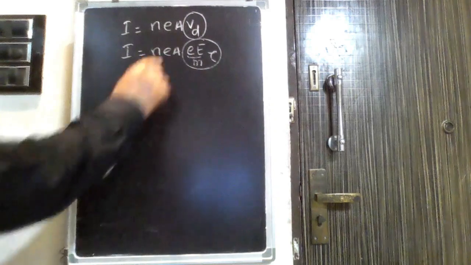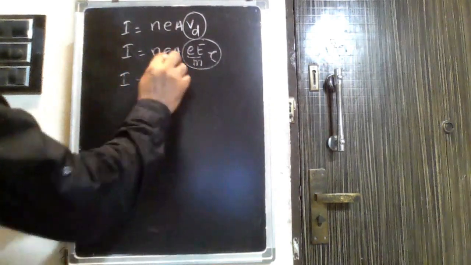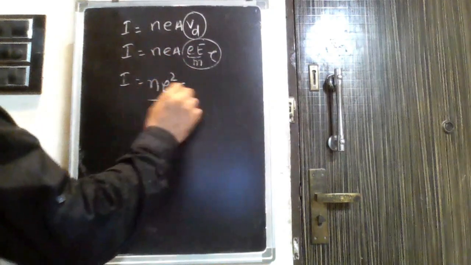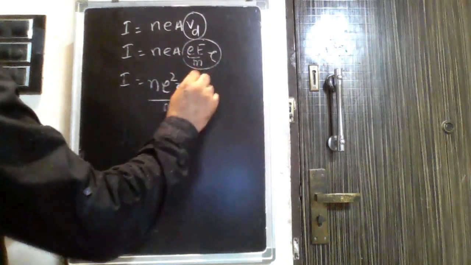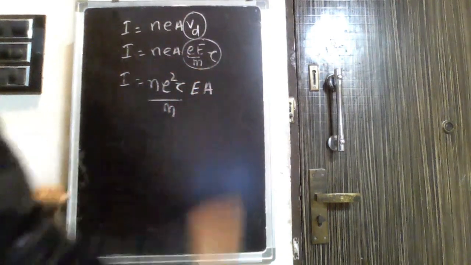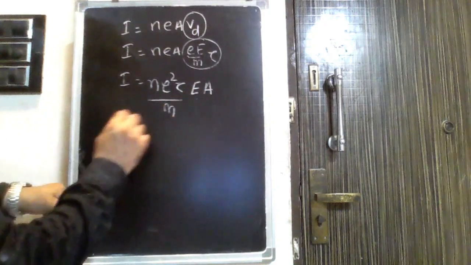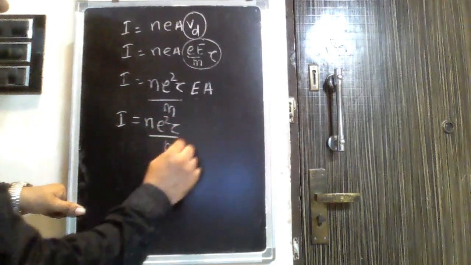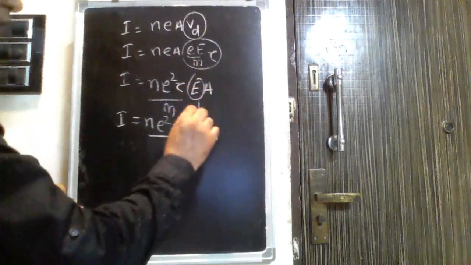Now this is E, this is E, so I get N, and E into E is E square: Ne square tau by m, then A and E. So I got all the values. Now instead of E, I put V by L, because E is V by L. So Ne square tau by m, V by L, A.